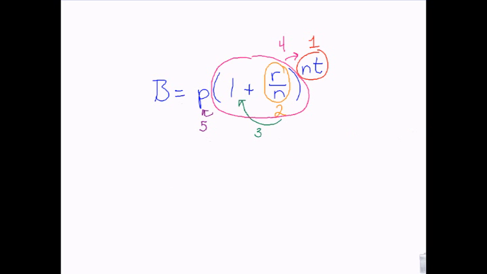Okay, so just as a quick example, let's say we're doing quarterly for 5 years.